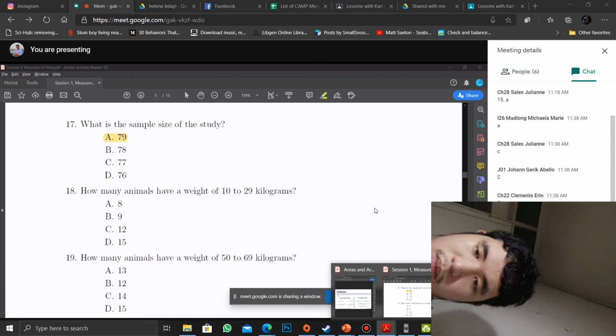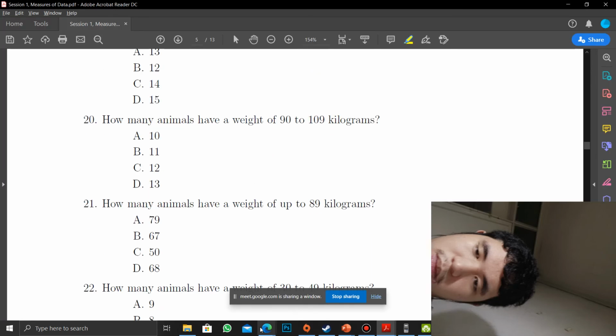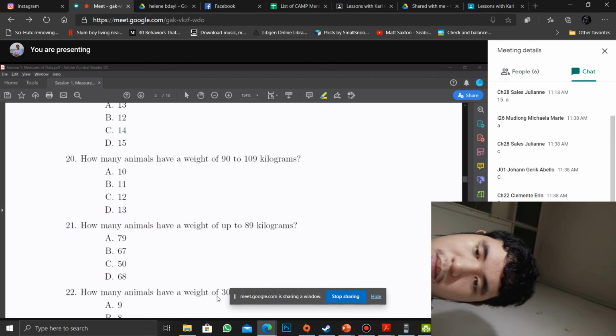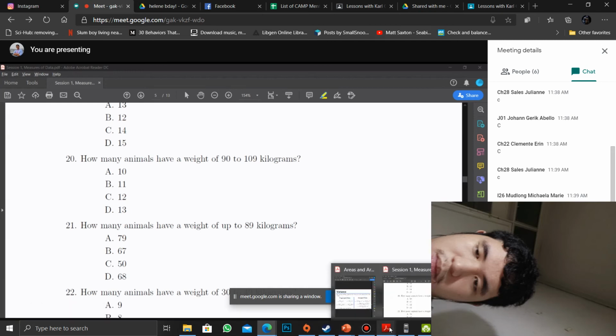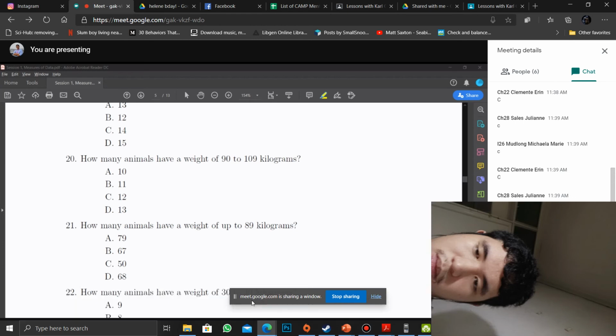Okay, next. Number 20. How many animals have a weight of 90 to 109 kilograms? C pa rin, no? C, tama. Okay, sige, next. How many animals have a weight of up to 89 kilograms?